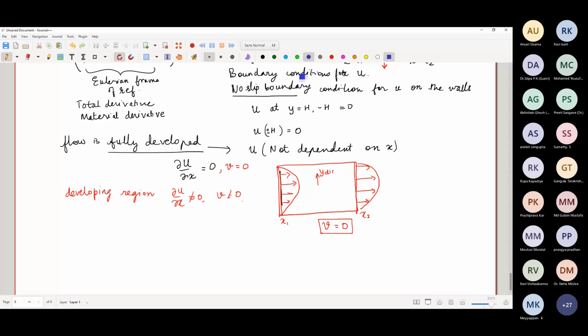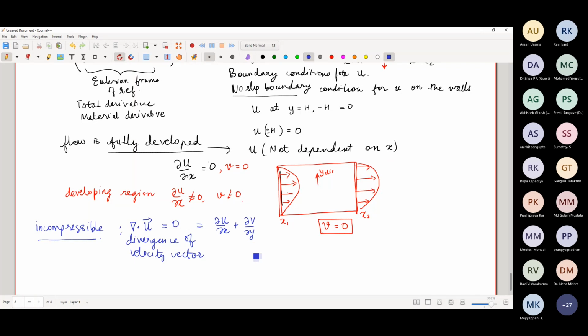The more mathematically oriented way of saying this is, because the flow is incompressible, the divergence of the velocity vector is 0. You might have studied this divergence in your elementary mathematics course. In two dimensions, it is equal to del u del x plus del v del y.